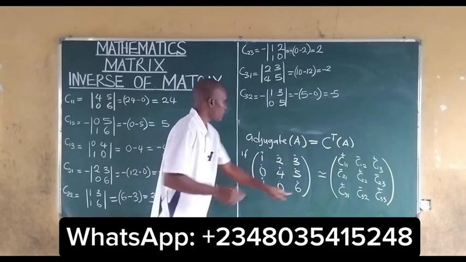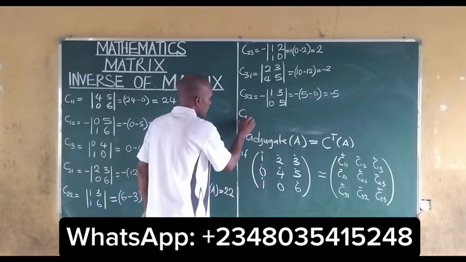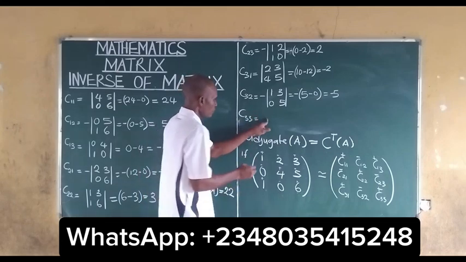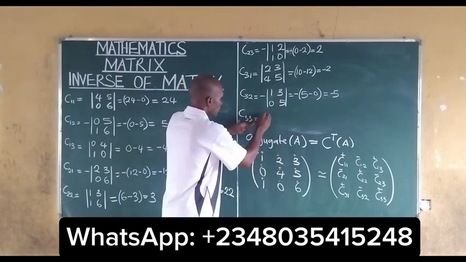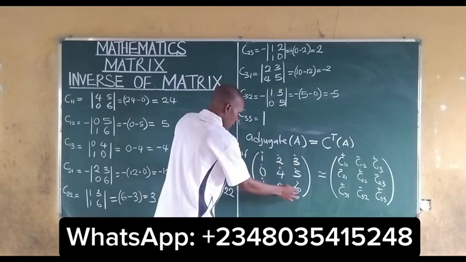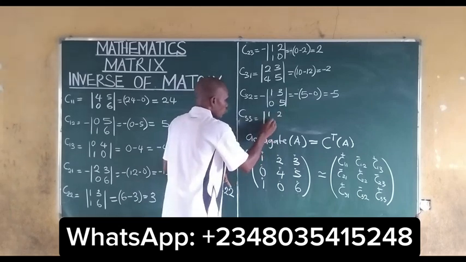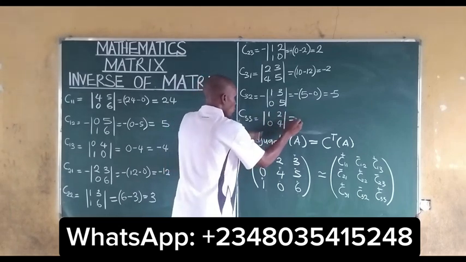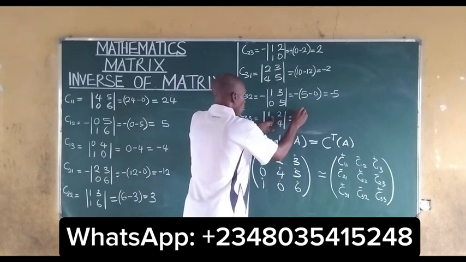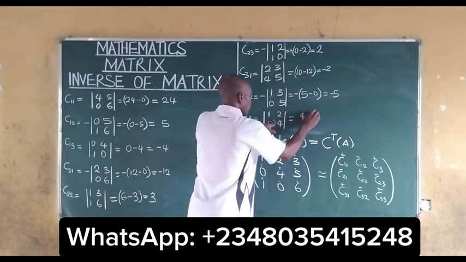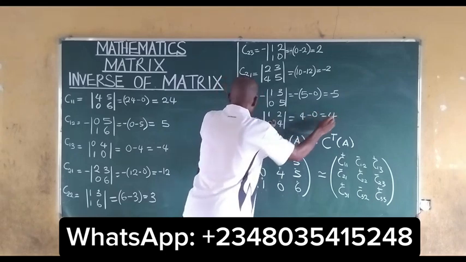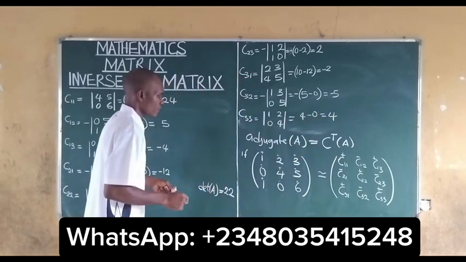And lastly, we have C33, which is positive. So we have 1 2 0 4, which is equal to 4 minus 0, which is equal to 4. That is what we have.